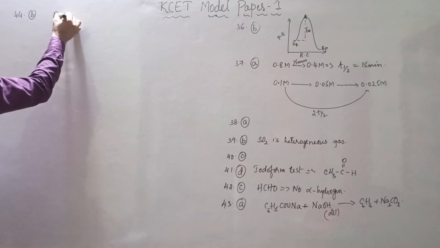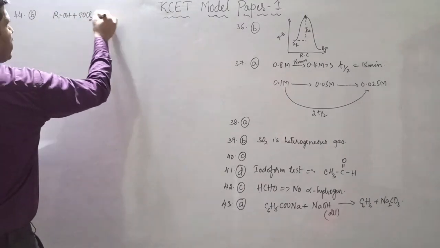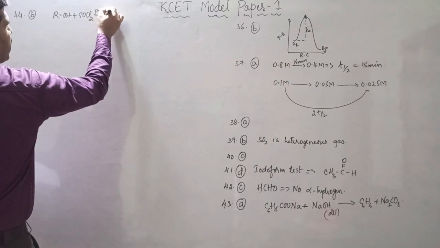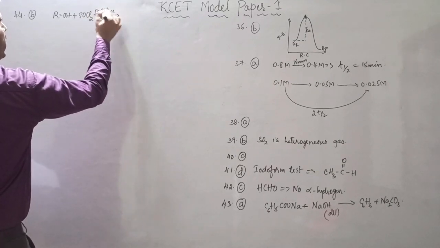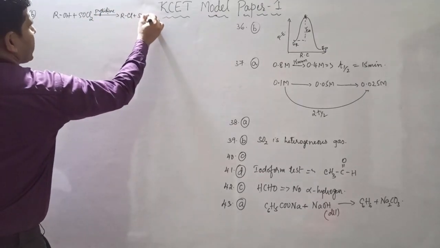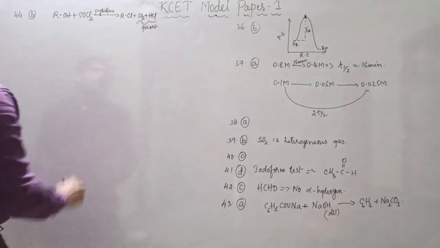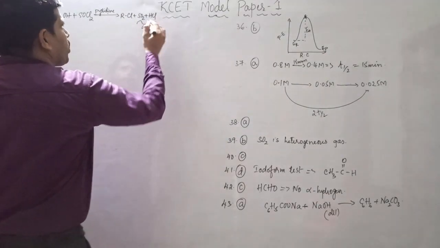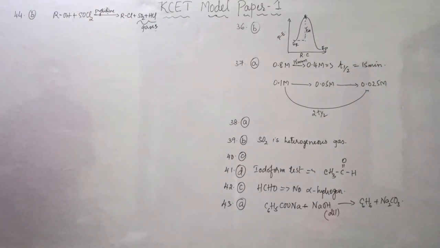Because when ROH is treated with SOCl2 in the presence of pyridine, you get RCl plus SO2 plus HCl. Both of these are gases, so they escape out. So no separation technique is required. The obtained RCl is pure itself. Therefore this is the best method.